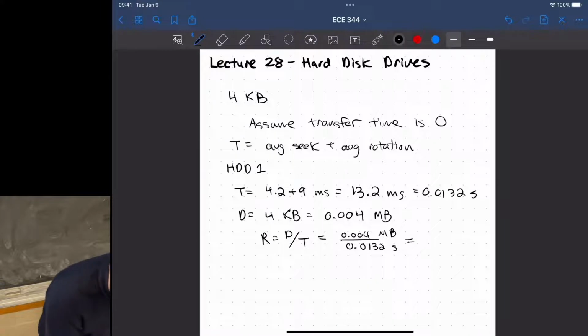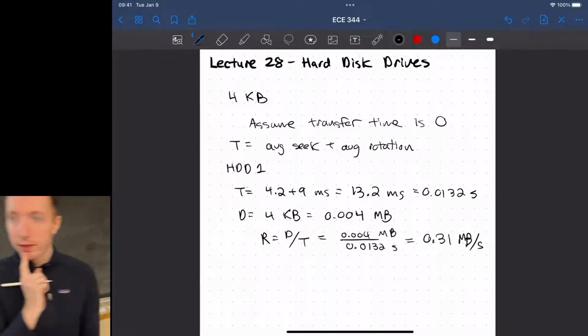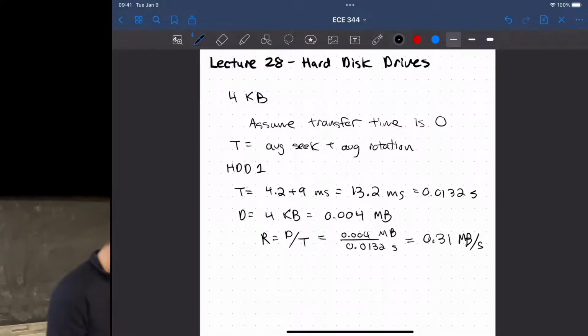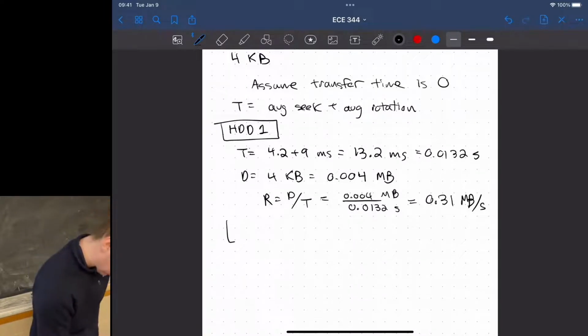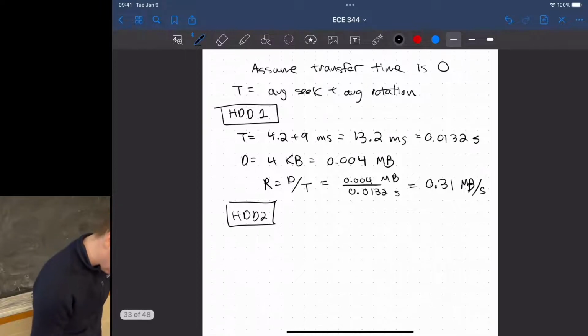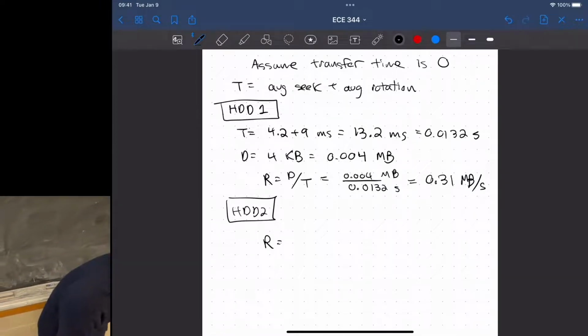So that gives us our 0.351 megabytes a second. So that was for hard drive 1. If we do the same thing for hard drive 2, well, we can just get the rate directly. So the rate, we're transferring the same amount of data.